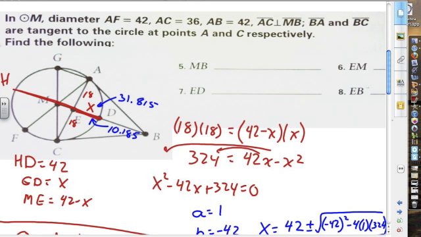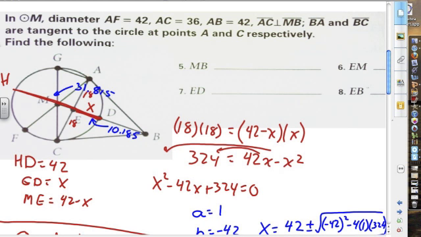Well, if I add those two numbers together, I get 42, which is a good thing because it tells me that either the x is the 10.185 or the 31.815, or, which is probably a better idea, this side over here is the 31.815, because the e is between the m and the d, which means it's on the short side of the equation there. Okay, so now I have my whole diameter there, right?